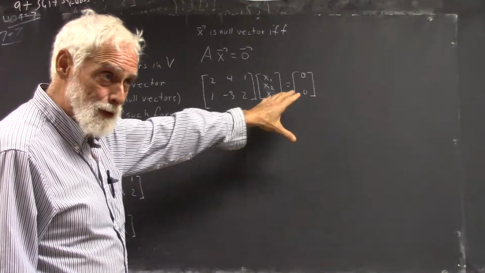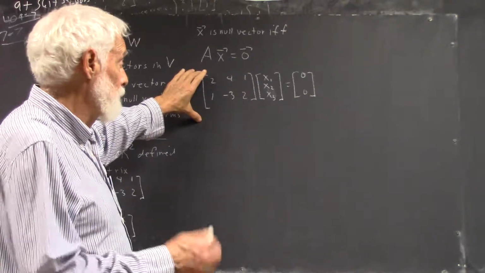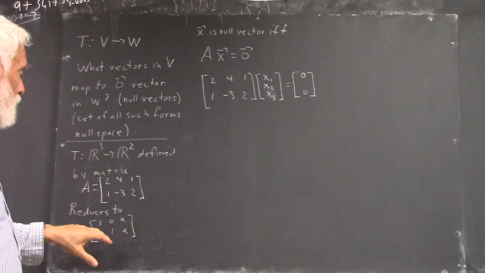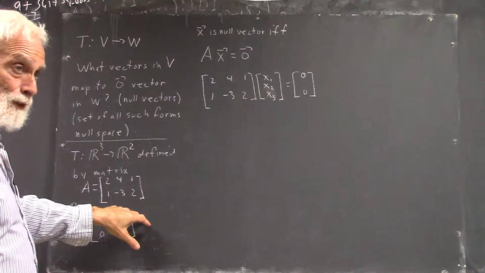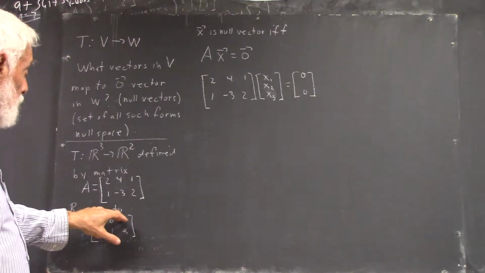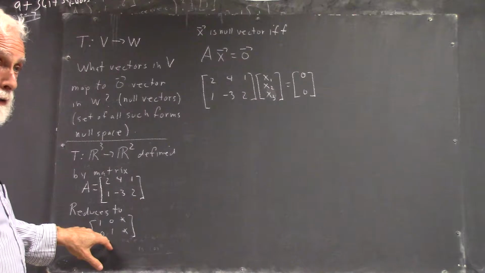When we reduce that, we get a matrix that indicates the solutions. And we would get 1, 0, star, 0, 0, 1, star, 0. This star is the negative of your x1, and this star will be the negative of your x2.